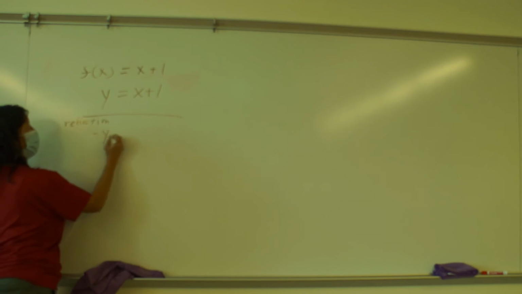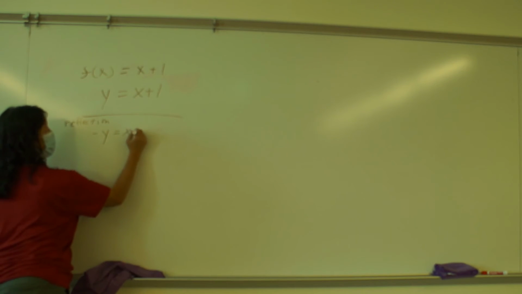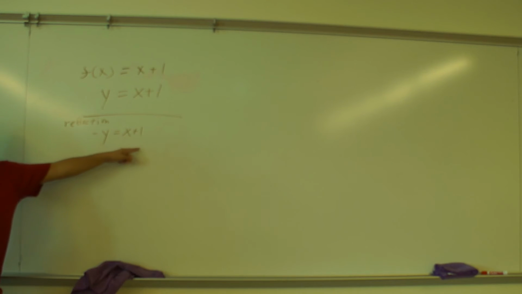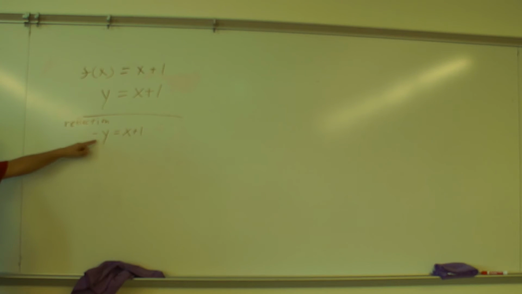It's a new function, negative y equals x plus 1, because my y becomes negative y. So if I make all my y's negative, that's the reflection. But I want to solve for y. So how would I solve for y? How do I make this y instead of negative y?